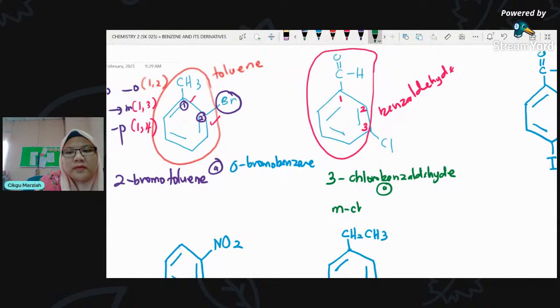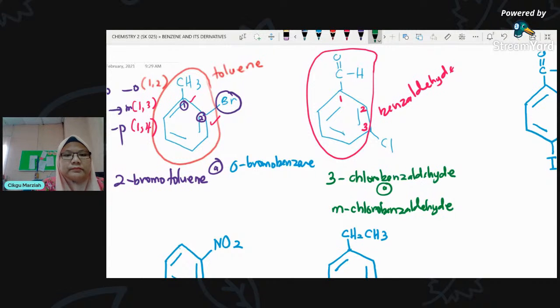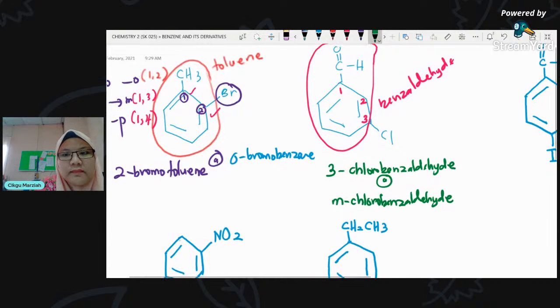M chloro-benzaldehyde. Okay, ortho, meta, para only for a benzene with 2 substituent. Kalau ada 1 tak boleh pakai, kalau ada 3 pun tak boleh pakai.